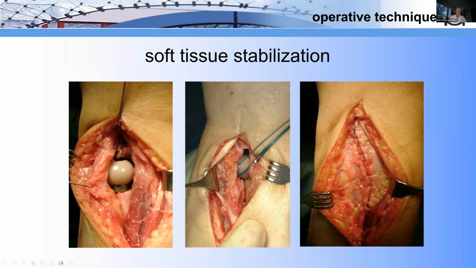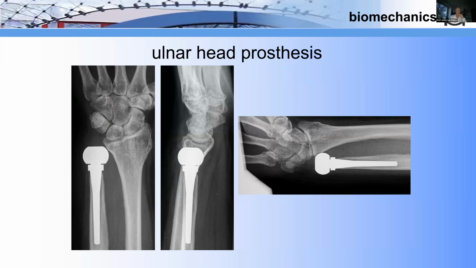We drill 2 or 3 drill holes through the dorsal rim of the sigmoid notch. And then we reattach that ulnar-based capsular retinacular flap to the dorsal rim of the sigmoid notch under the appropriate tension. Usually we still have enough soft tissues to do a double layer suture, and we leave the EDM tendon subcutaneously, like shown in this example.